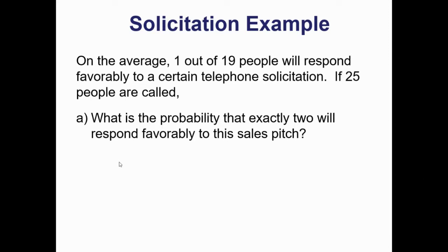So first we got to figure out our n. How many people are we testing here? 25. What's the probability of success? 1 out of 19. What's the probability of failure? 18 out of 19.